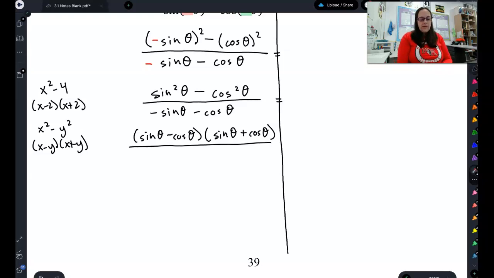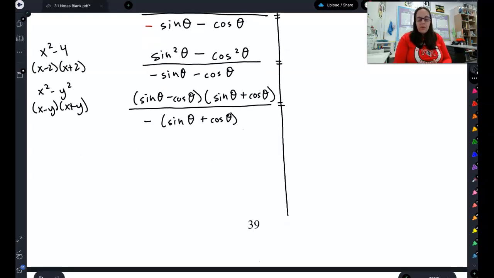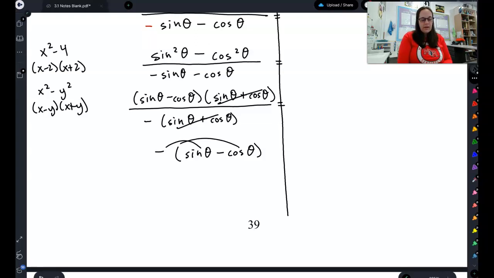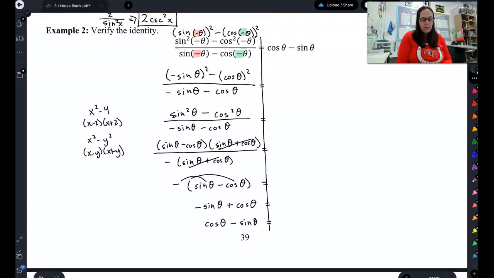And I also noticed that in the denominator they have a negative in common, so I'm going to take that negative out. Now the reason I do all of that is now I notice I have something on top and bottom that's going to cancel, and I'm left with a negative sine of theta minus cosine theta, which if I distribute that negative in, I get negative sine of theta plus cosine of theta, which is the same thing as cosine of theta minus sine of theta, which is what I wanted to get.